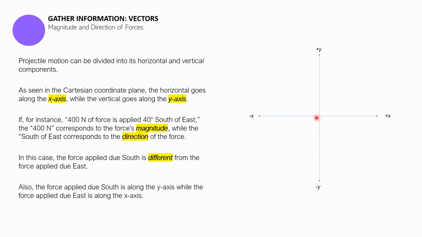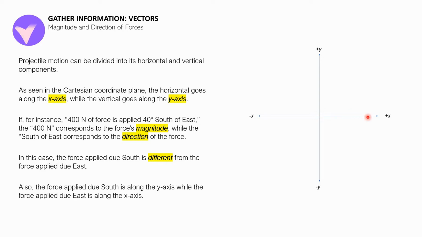Tapos yung in-apply mo pala with respect to the horizontal, ito totoo na to, is only around, say, 390 something. Diba? Okay, pwedeng hindi siya exactly 400 newtons.